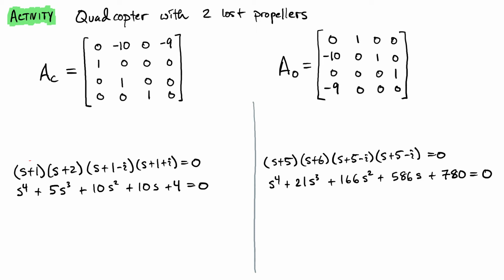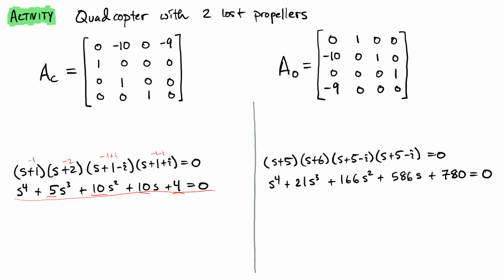They looked like -1, -2, -1 plus I, and -1 minus I. And so these are the desired pole locations, and what we do is we just multiply out these four terms to get this fourth order characteristic equation, and these coefficients are going to be what we use in order to place the poles for the controller.